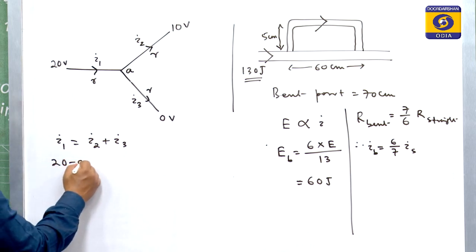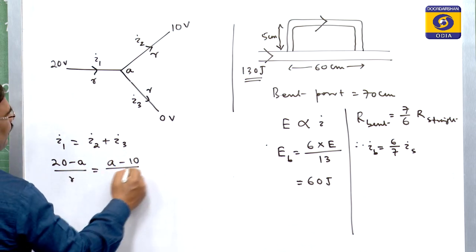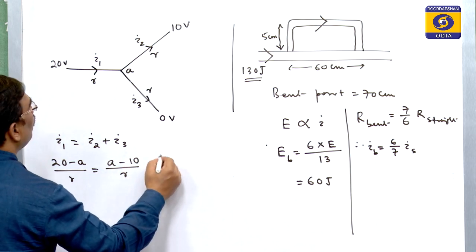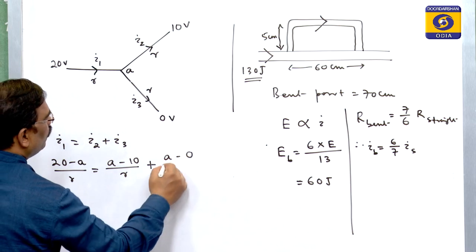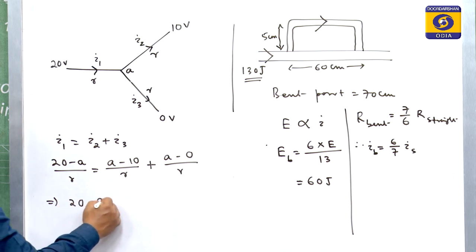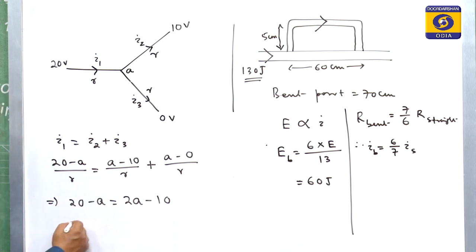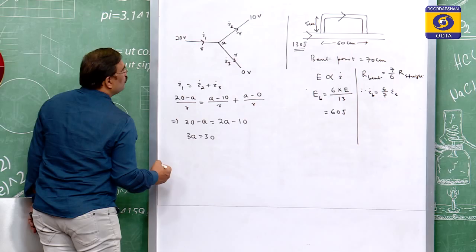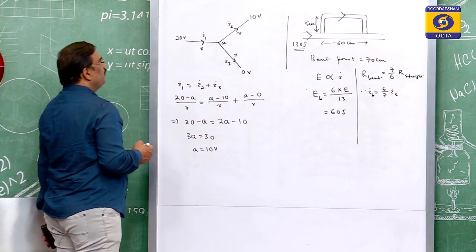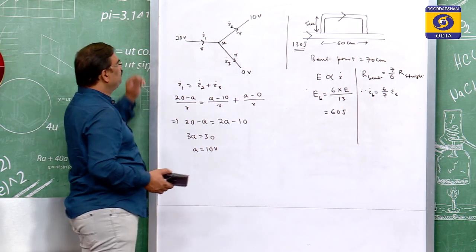It is 20 minus A divided by R equal to A minus 10 divided by R plus A minus 0 divided by R. So, this implies 20 minus A equal to 2A minus 10. So, 3A equal to 30. So, A equal to 10 volt. So, this is my answer.